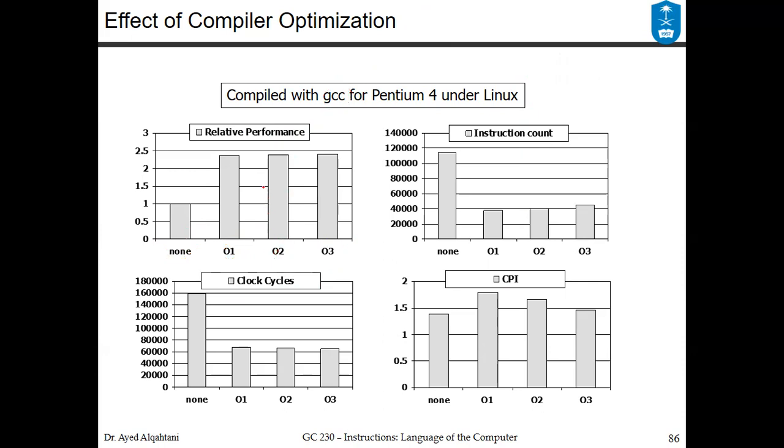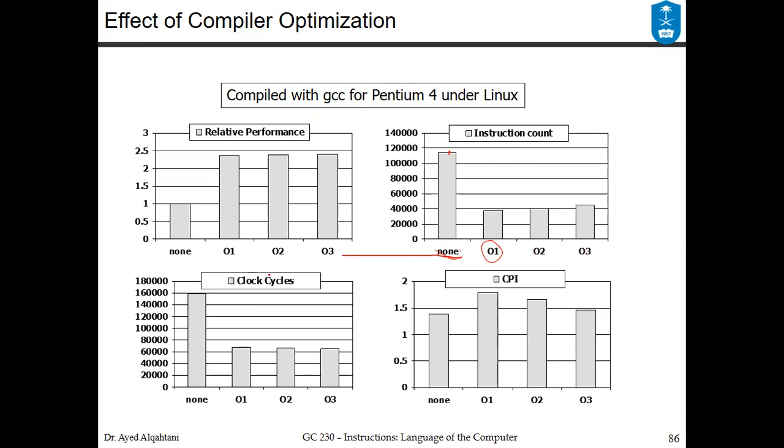So what happens is we're trying to calculate the performance. So first we get the instruction count, and we notice that if there is no optimization, the instruction count is sky high. But with optimization, the instruction count is reduced, which is a good point. And based on the optimization, we found out that 1 is giving you better instruction count than 2 and 3. You can see first 1 is better than 2, and 2 is better than 3.